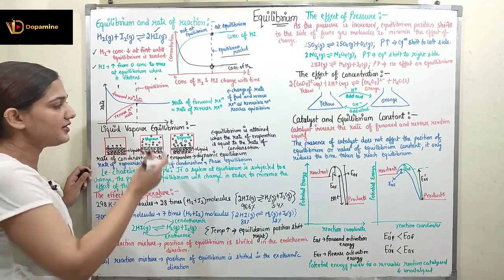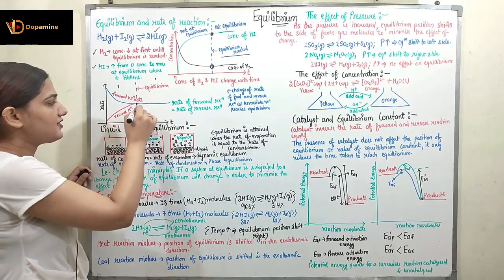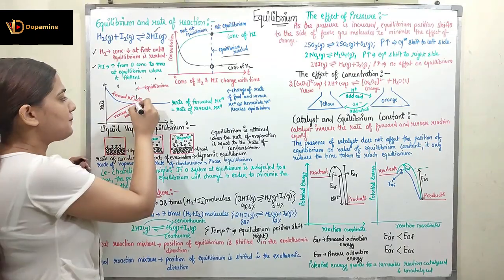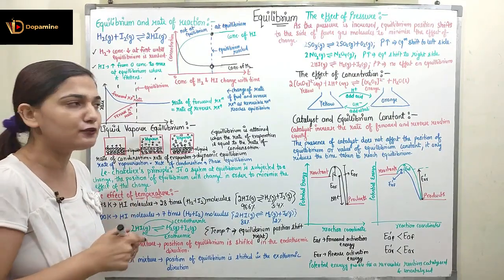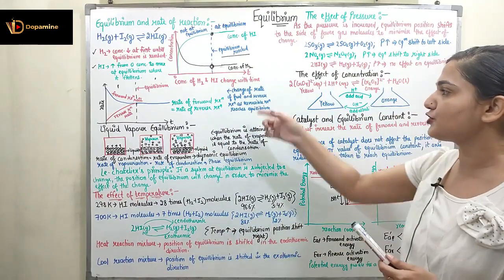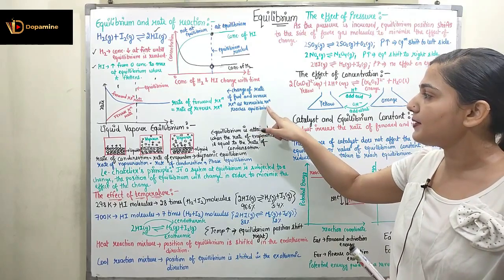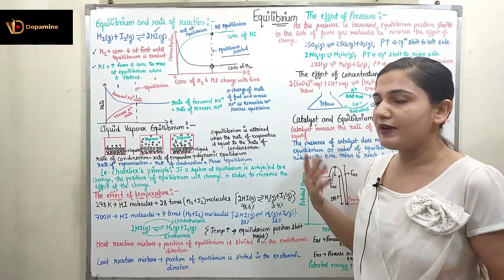As I increase the time, the reverse reaction rate is increasing, whereas the forward reaction rate is decreasing up to the equilibrium. At the equilibrium, the rate of forward reaction will be equal to the rate of reverse reaction, and this is how we can observe the change of rate of forward and reverse reaction as a reversible reaction reaches equilibrium.